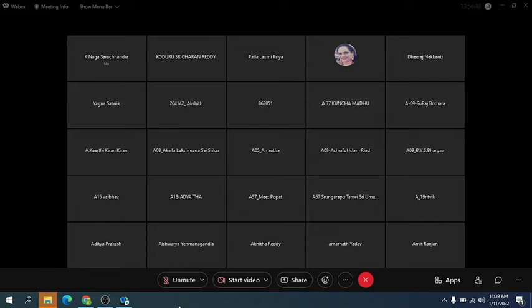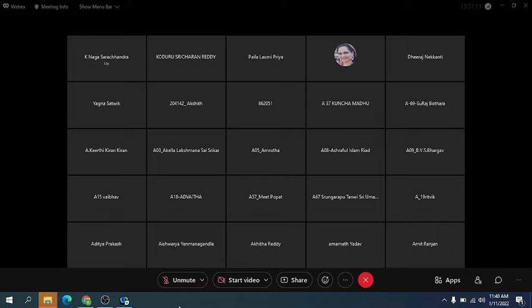For developing 8 is to 1, 16 is to 1 multiplexer using 4 is to 1 multiplexer.